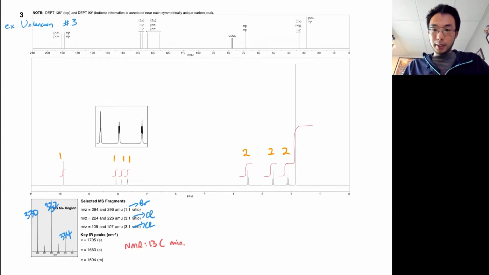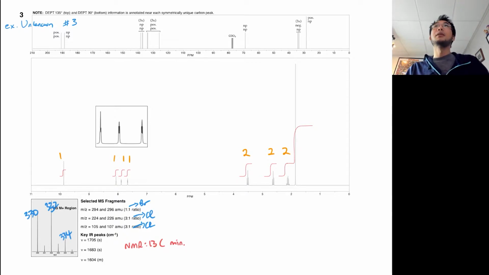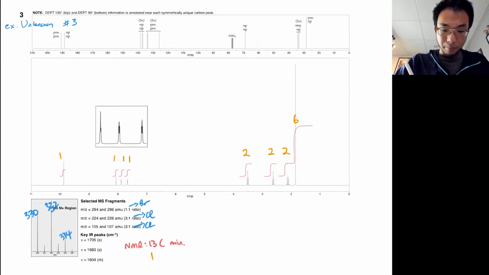And finally, the signal at less than 2 ppm appears to be rather large. If you take a ruler to this, it looks like 1, 2, maybe 3 times even larger. So it's looking like 6 hydrogens here. That then gives us a total of 16 hydrogens that we should think about as a minimum number.